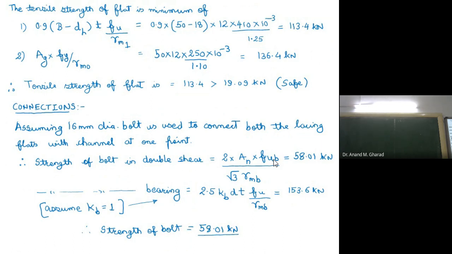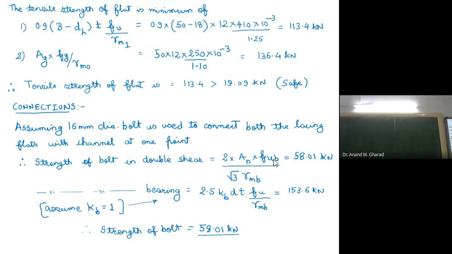0.78 times the gross area of the bolt. AN is equal to 0.78 times pi d square by 4. D here would be 16.